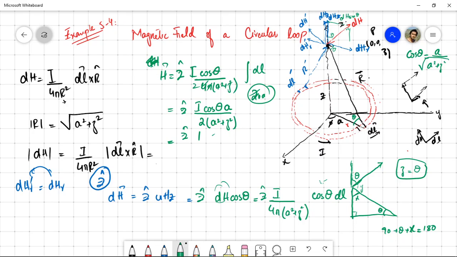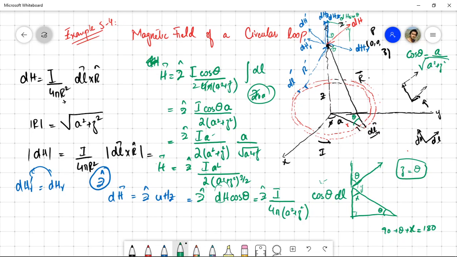Z hat I a over 2 times a square plus z square, and here it is a over the square root of a square plus z square. So this thing will now become z hat I a square over 2 times a square plus z square to the power 3 by 2. This is the value of h.